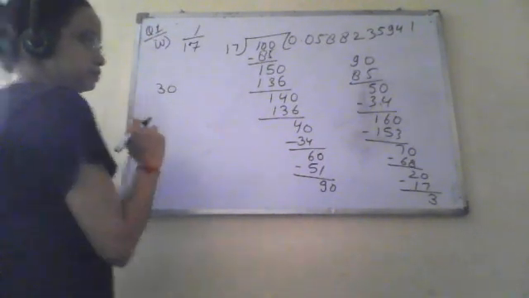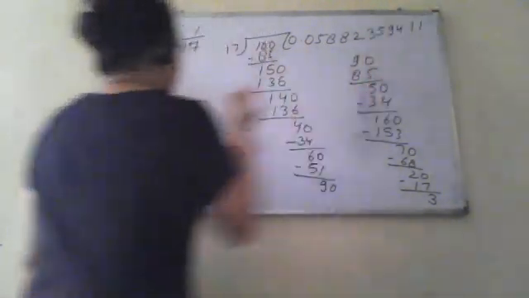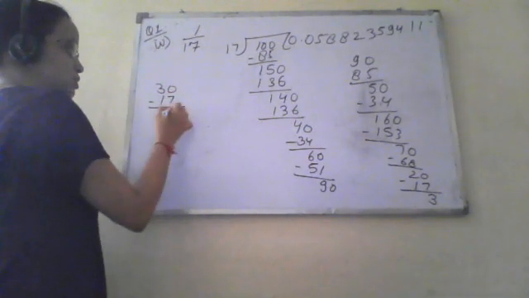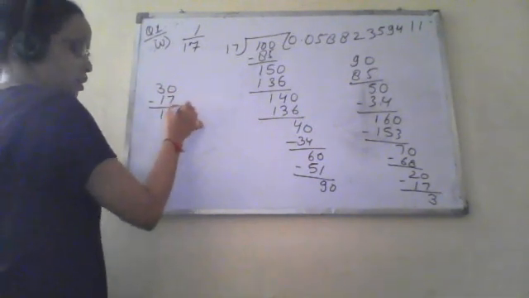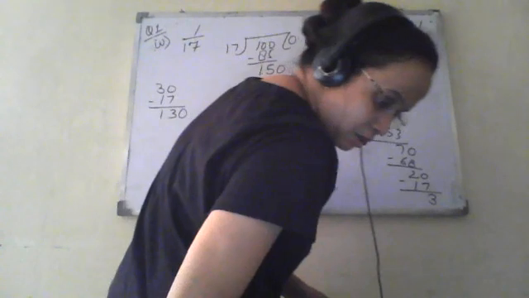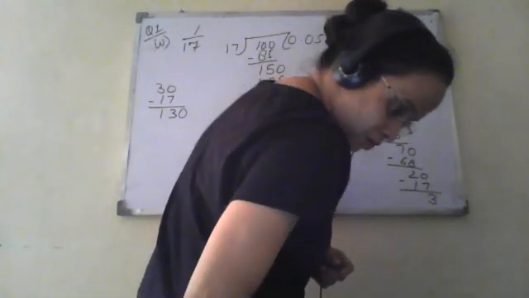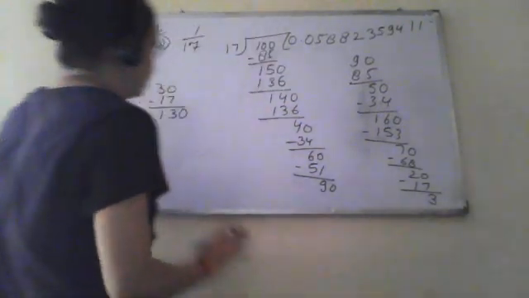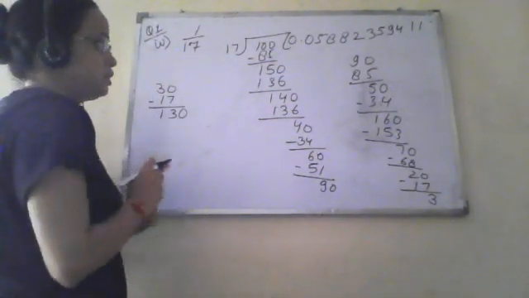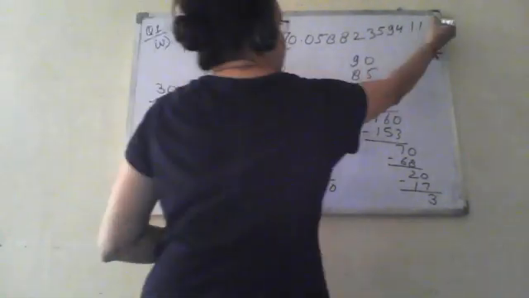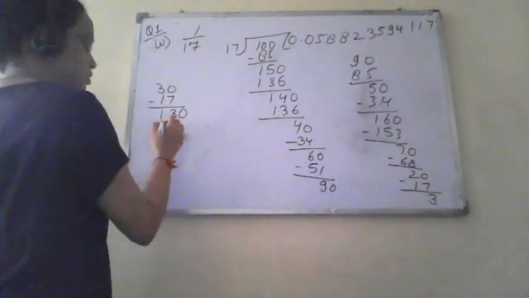This is 3. This will be again 1. So what is the value? So this will be 17, 7 times.